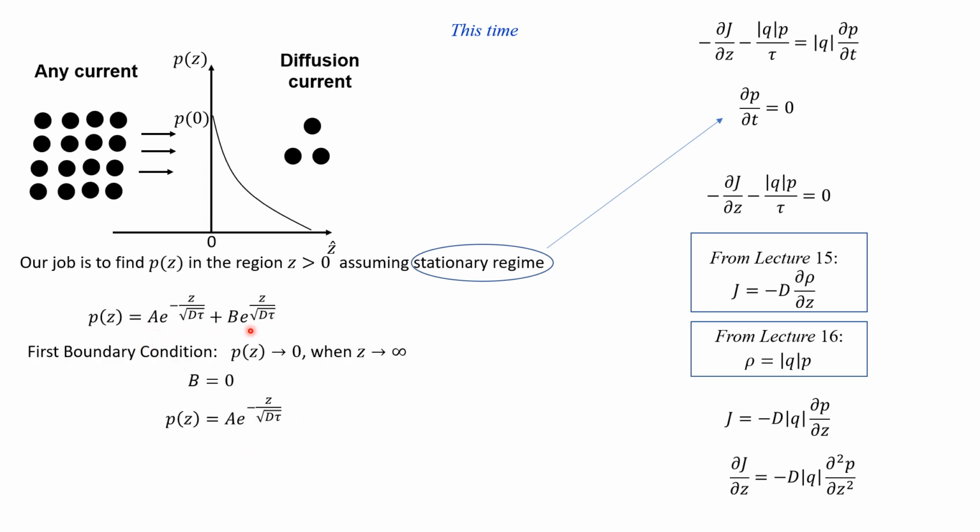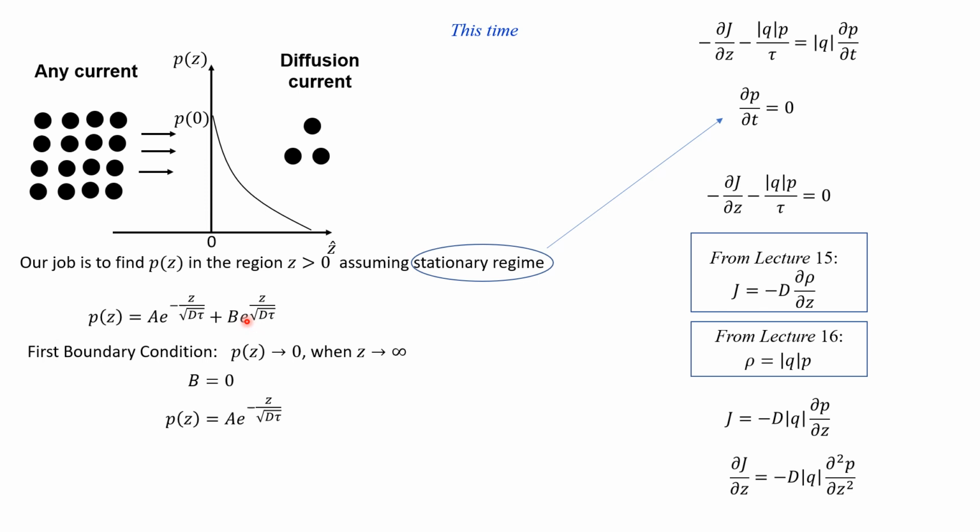Now to find A and B, we need to apply the boundary conditions. So one boundary condition we have is that we know, because of the recombination process, that the concentration will decay as we move away from the boundary. So in the limit that the coordinate z goes to infinity, we need to require that the concentration goes to zero.